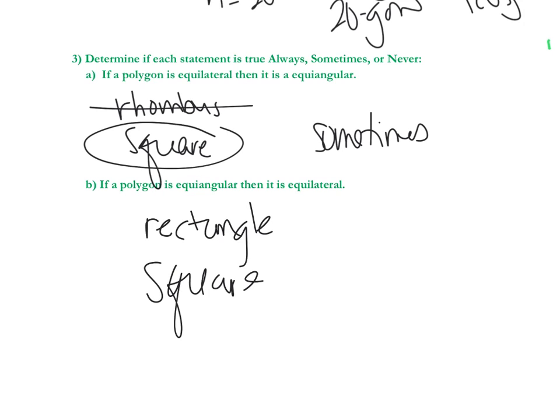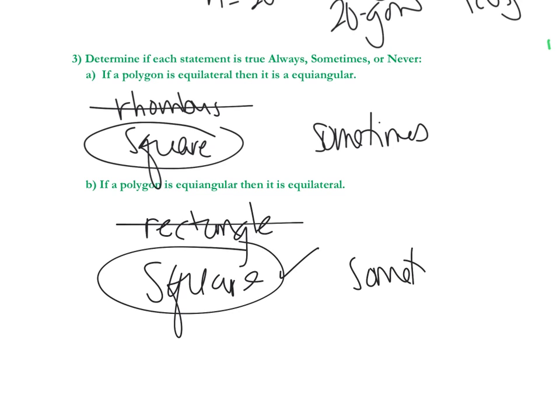Now, a square is also equilateral, but a rectangle is not. So again, this is sometimes. Okay, so even if it uses the word polygon, I would revert back to our quadrilateral properties because we should know those and just apply it that way.